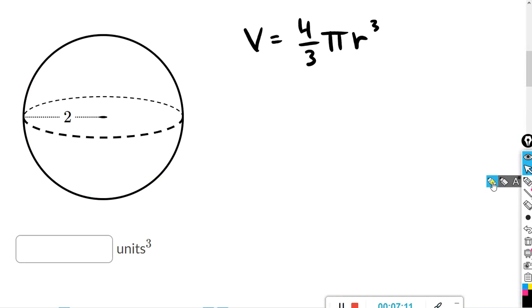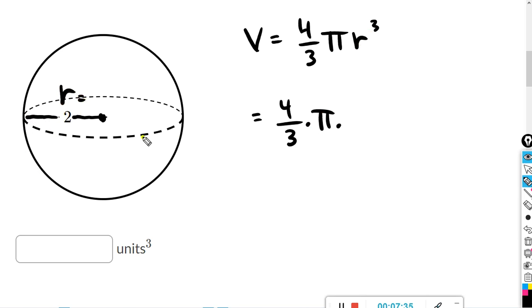All right, last one. We start with the 4/3, and that's times pi, and that's times r cubed. So the radius starts at the center, and it travels to the edge of the circle, so r equals 2.